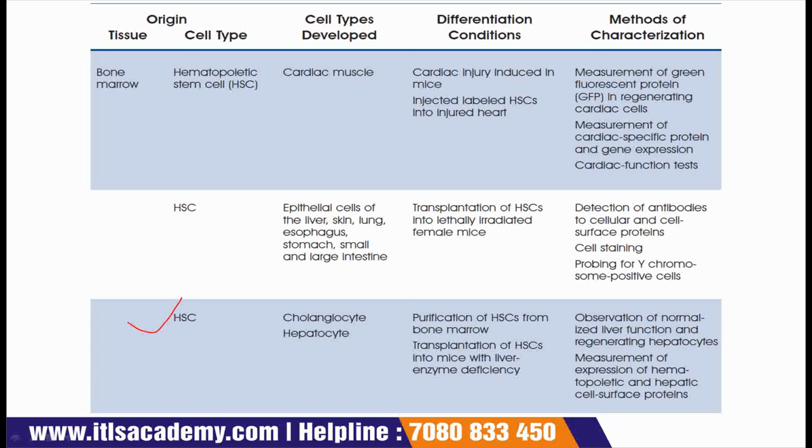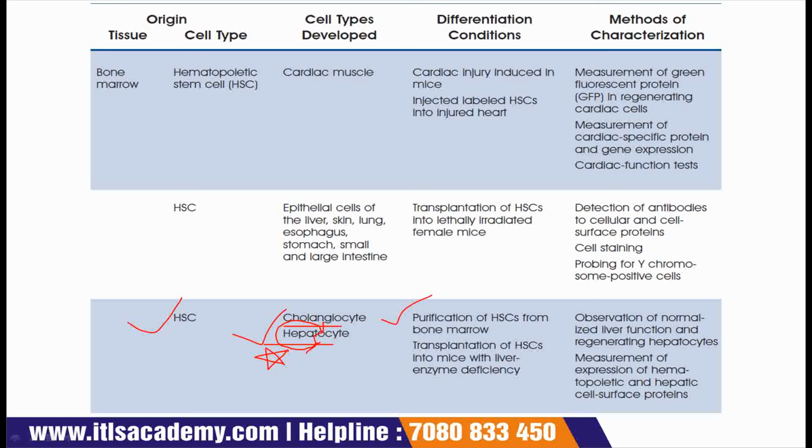Coming to the next cell type that is developed, that is cholangiocyte and hepatocyte. Hepato, I already told you in our previous lecture that whenever this word is present, you can easily recognize that this particular cell is related with the liver. So we are going to see development of liver cells.